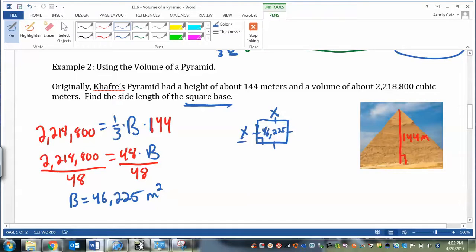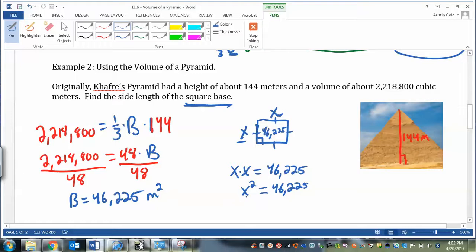We don't know what these are, so we'll just call them x for right now. But we know x times x has to equal 46,225. x times x is x squared equals 46,225.